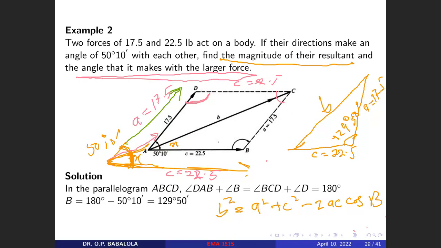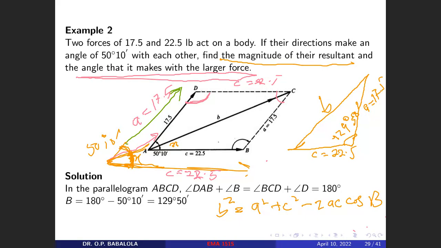So since we know this, we can obtain our B. And thereafter from B, we can obtain this little angle. How are we going to obtain this little angle? It's simply using our sine rule.